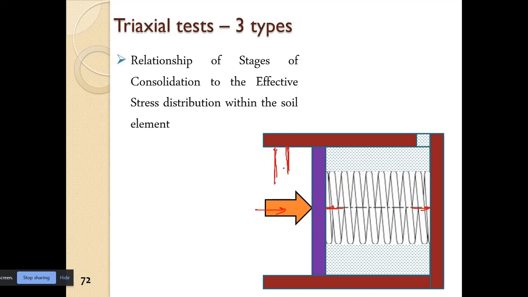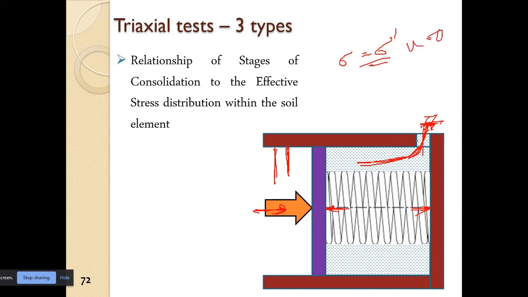We applied the load and the drainage is open. When we applied the load, the water drained out. When the water drained out, the soil, or the spring, got compressed. So the applied stress is now equal to the effective stress, and pore water pressure is equal to 0.